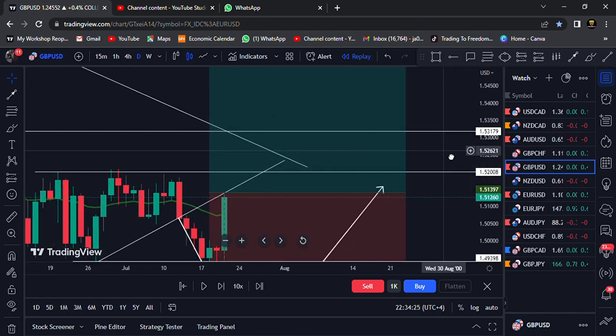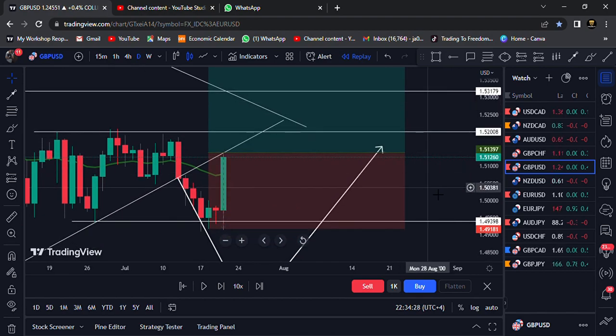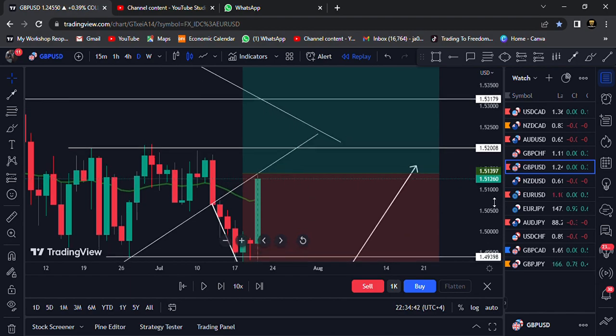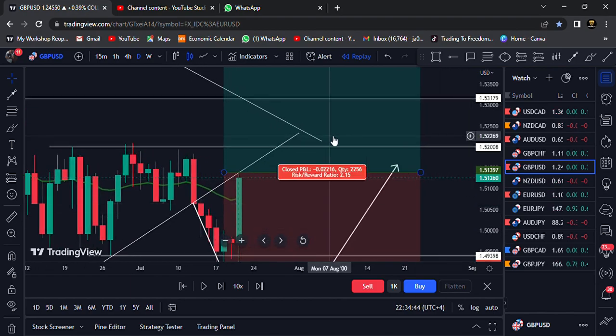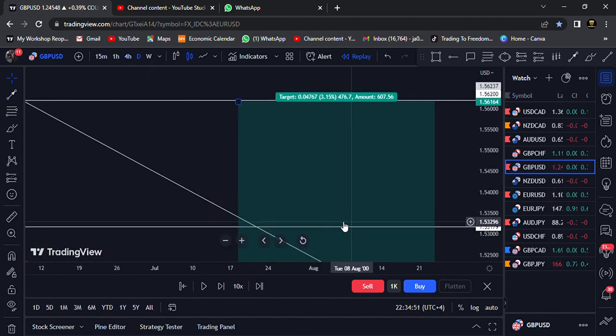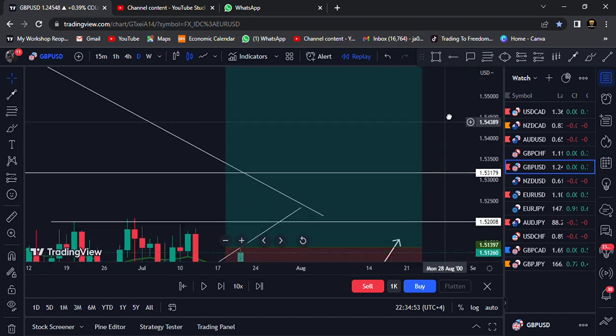So if emotions could be controlled, or if the next time we face such market situations we control our emotions, we are disciplined, we follow our strategy exactly as we are doing here, we're going to end up profitable. So let's see what happens here, guys. So first we take our first profit here, we take the second one here, then if price breaks here, then we continue right up there.